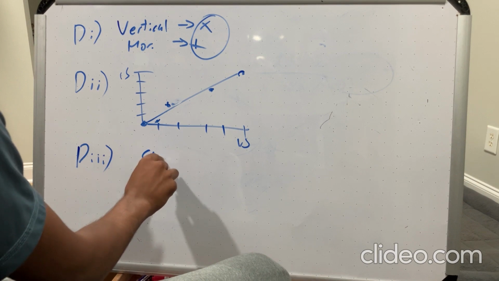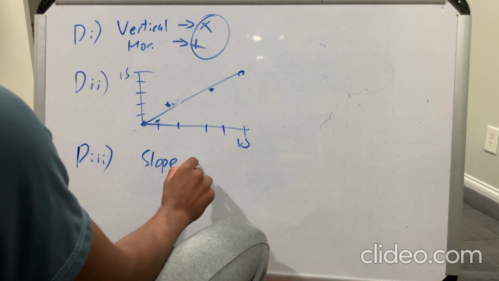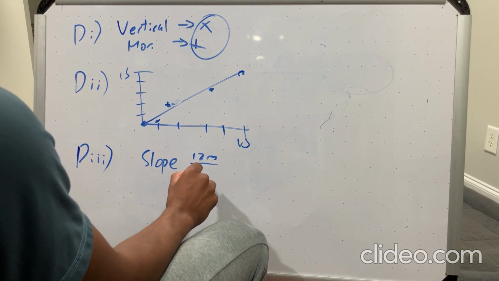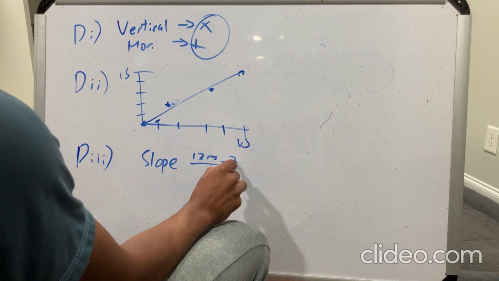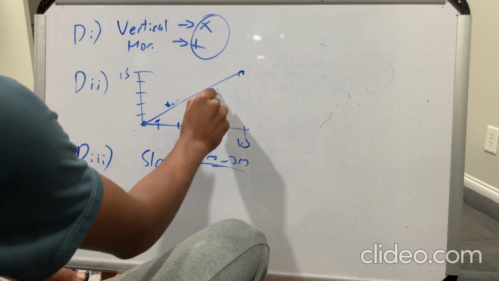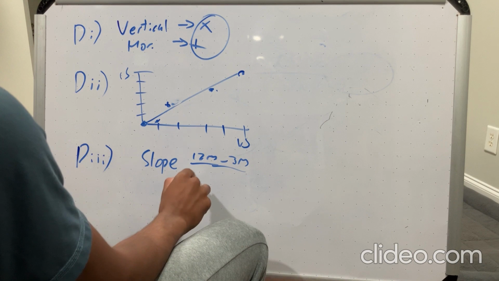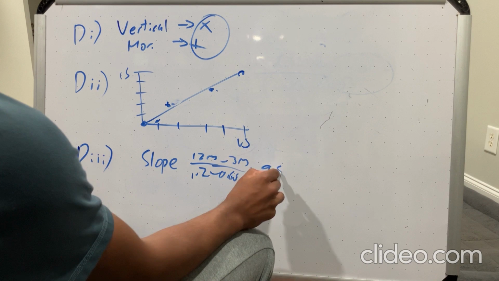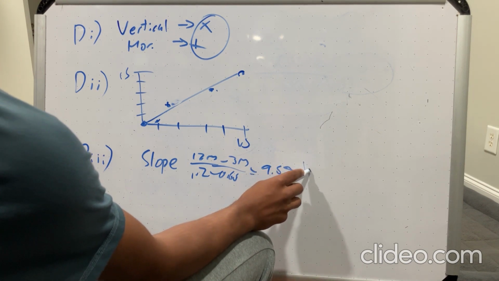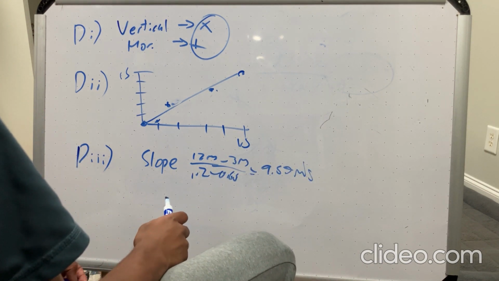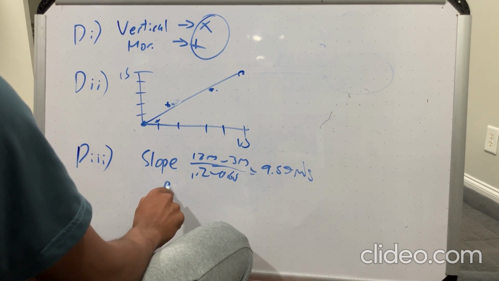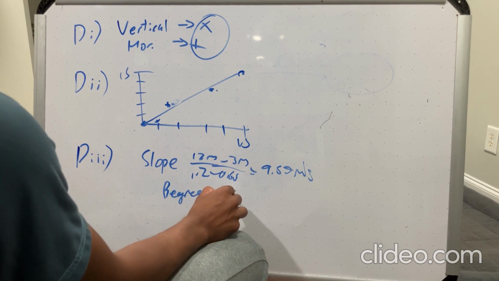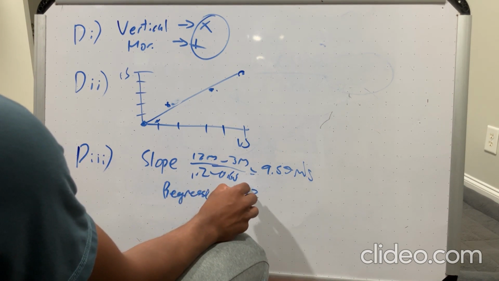The slope is equal to the change of x over the change of t, which is 12 meters minus 3 meters, which should be right here, over 1.2 minus 0.6 seconds, which gave us 9.57 meters per second. The linear regression gives 9.62, I believe. Yes, that's right.